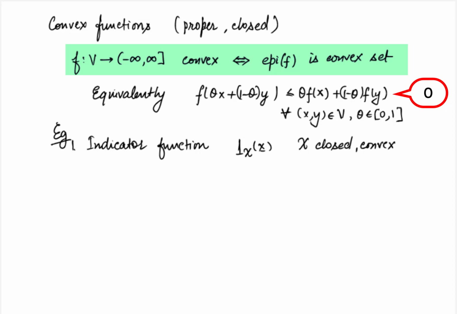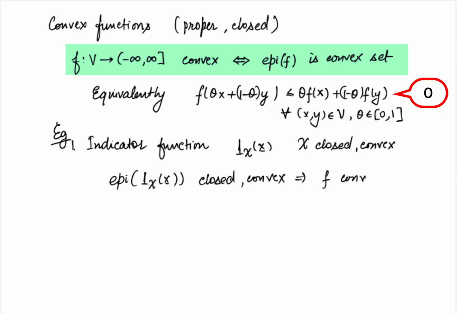In other words, the epigraph of the indicator function of calligraphic X was the set calligraphic X cross R+. Now since calligraphic X is given to be closed and convex, and further R+ is also closed and convex, the epigraph is also closed and convex. Hence we conclude that the indicator function is a closed and convex function.